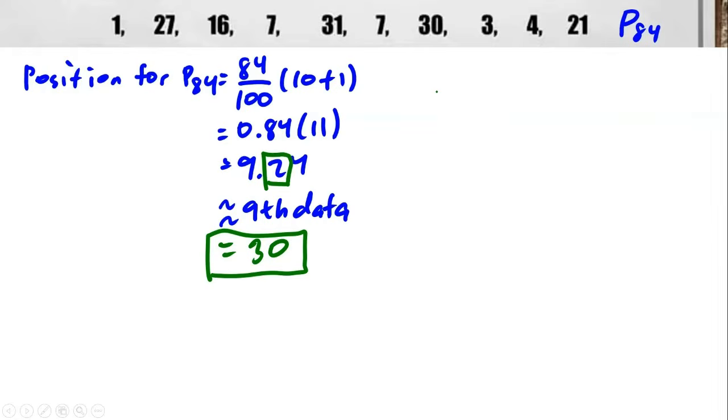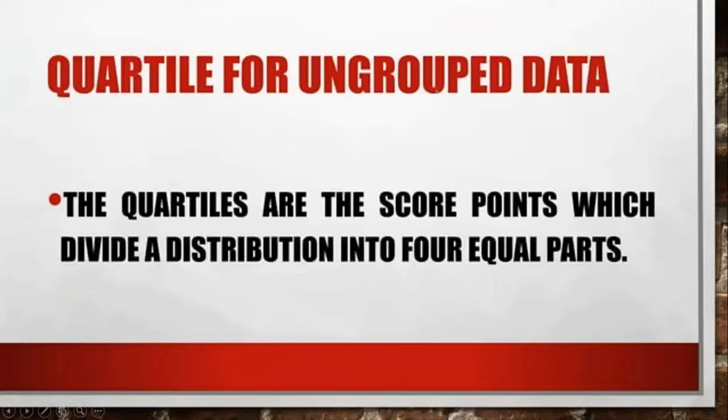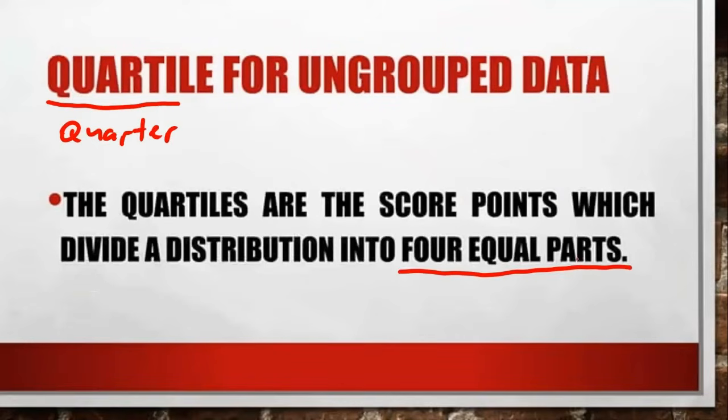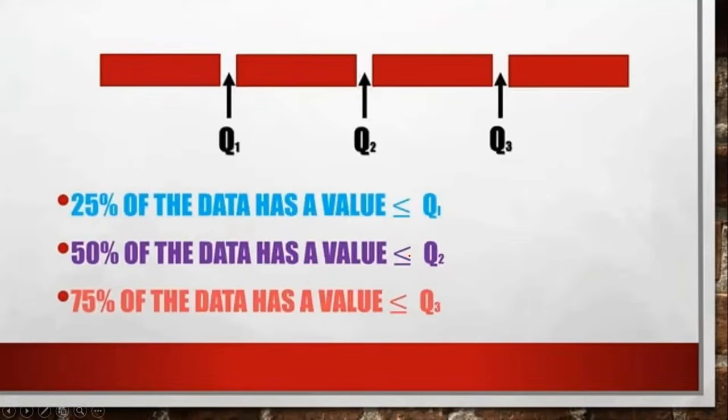Okay? Next, we have of course the quartile. For the quartile, of course, for the root word quarter, meron tayong 4 equal parts. Yun lang ibig sabihin nun. So Q1, 25%.